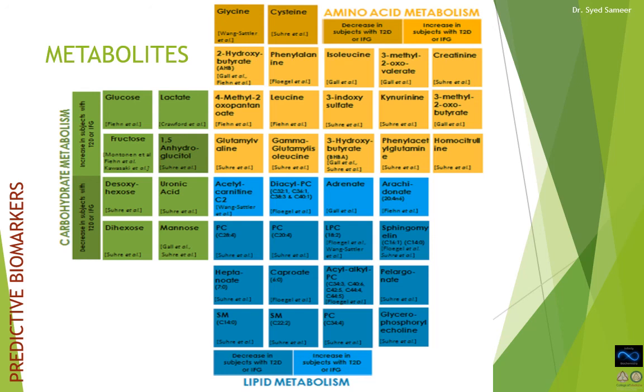In the green, the metabolites of carbohydrate metabolism are given. In the amber, the amino acid metabolic intermediates, and the blue contains the lipid metabolic intermediates. All of these can be utilized for the prediction of the disease and its progression as well.